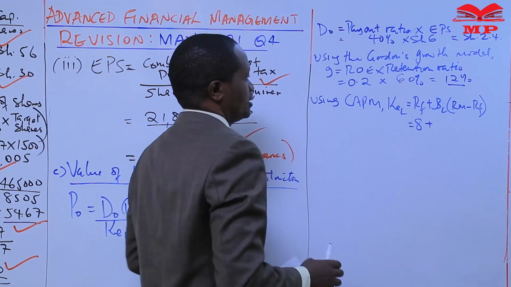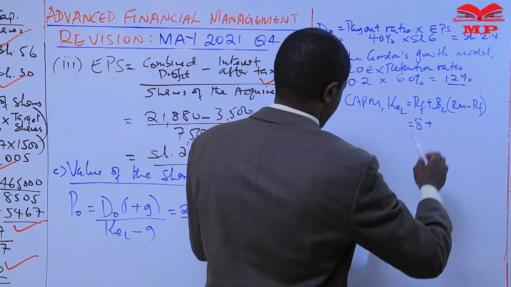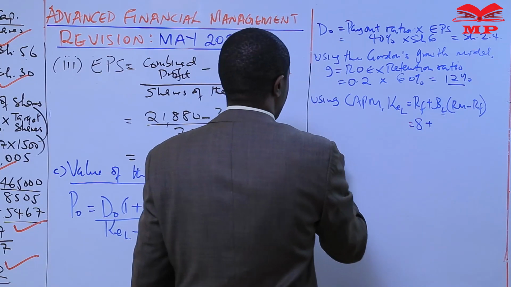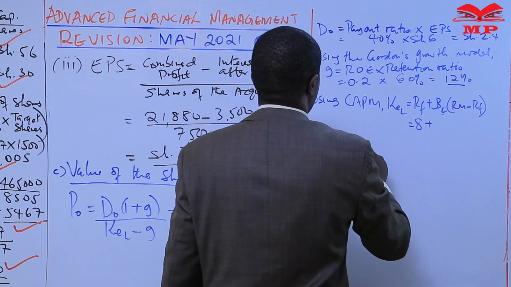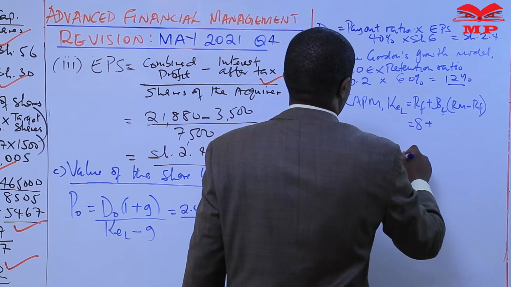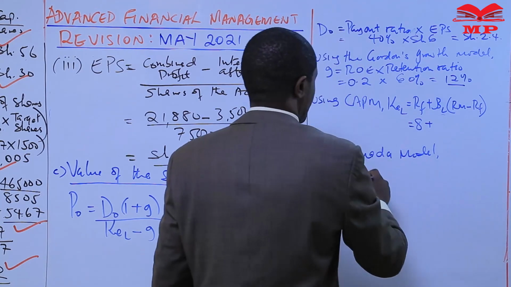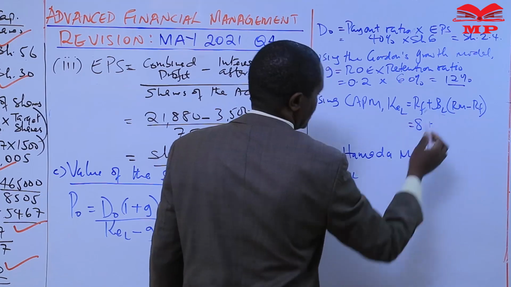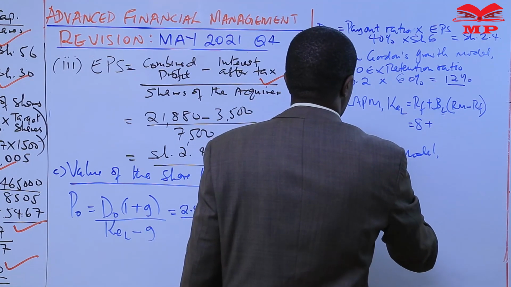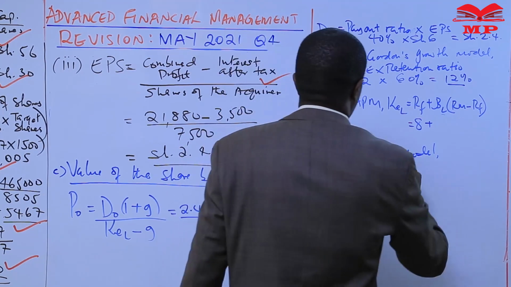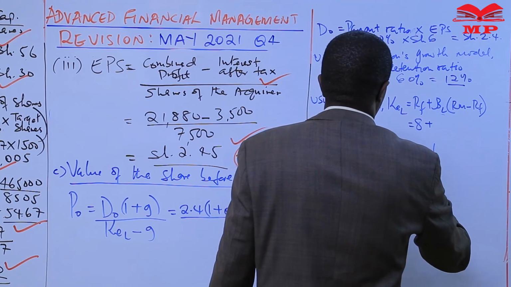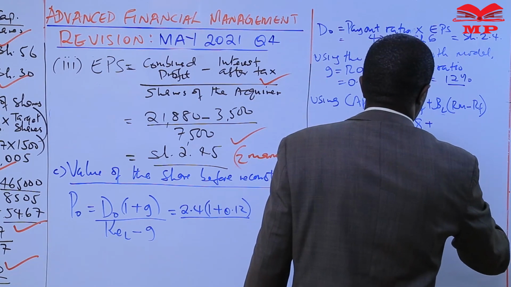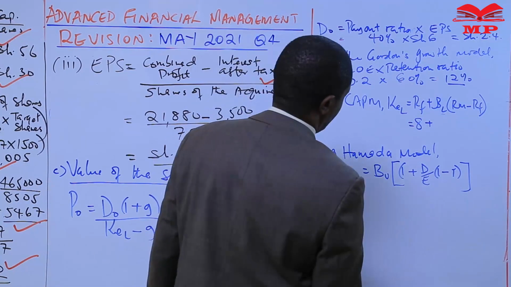Using the Hamada model, the beta of the levered firm is equal to the beta of the unlevered firm times 1 plus D over E times 1 minus T. That is the formula for beta for the levered firm.